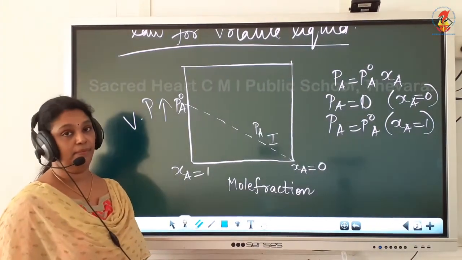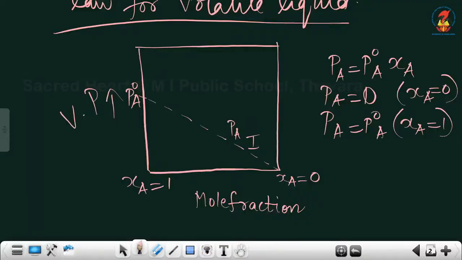And this is the line for the partial variation of vapor pressure PA with mole fraction for solvent A. That is line 1. Now suppose we have here the solute B. Now in the beginning XB will be equal to 0. Mole fraction of solute is 0. Now the solute will become vaporized and vapor pressure increases, reaches a maximum, and here we have the maximum value of vapor pressure as P naught B, where we have the mole fraction equal to 1.